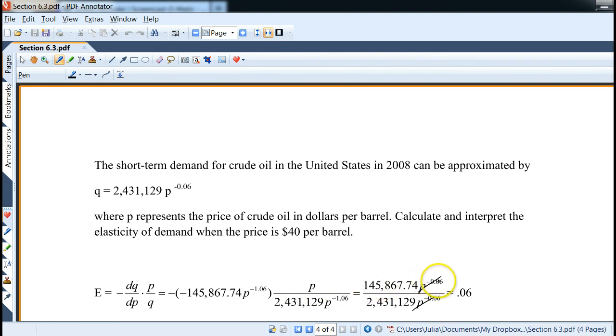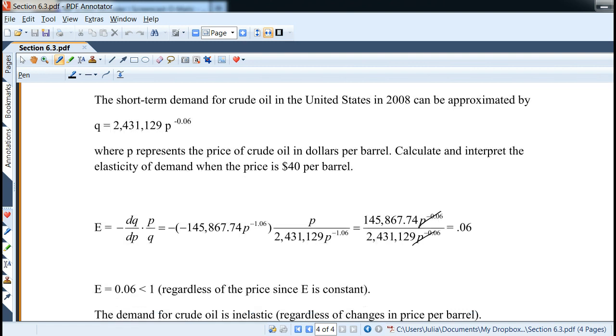Now notice when I multiply by the P, the negative 1.06 is going to add to the 1 right here because it's P times the exponent 1. So it becomes negative 0.06 again. Now note, on top and denominator, you can cancel it, and then you can divide the constants. So I got 0.06, a constant.